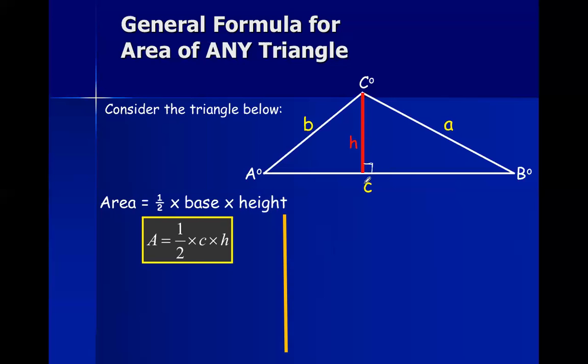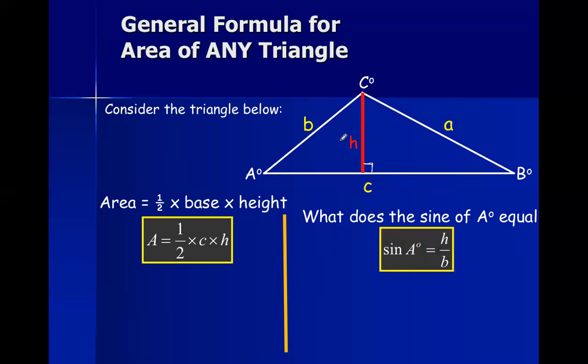So how do we calculate h? Using trig. So the sine of A is equal to what? Opposite over hypotenuse. Remember we said SOHCAHTOA? So basically you've got here SOH, opposite side over hypotenuse. So the sine of this angle here is h divided by b, according to SOHCAHTOA.